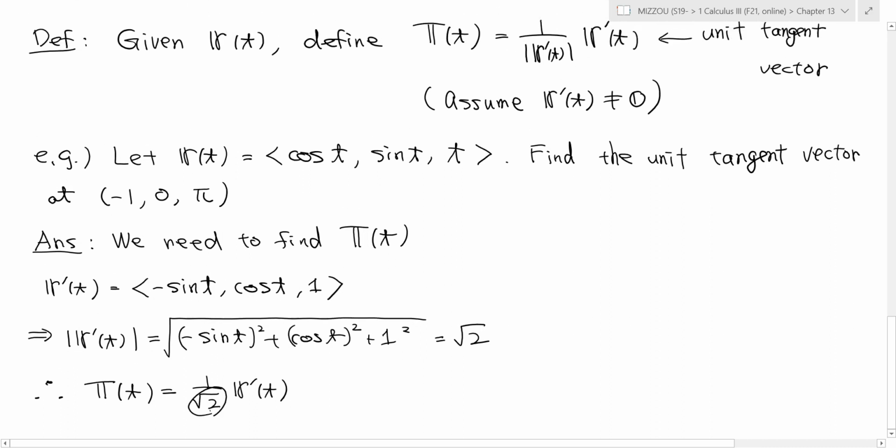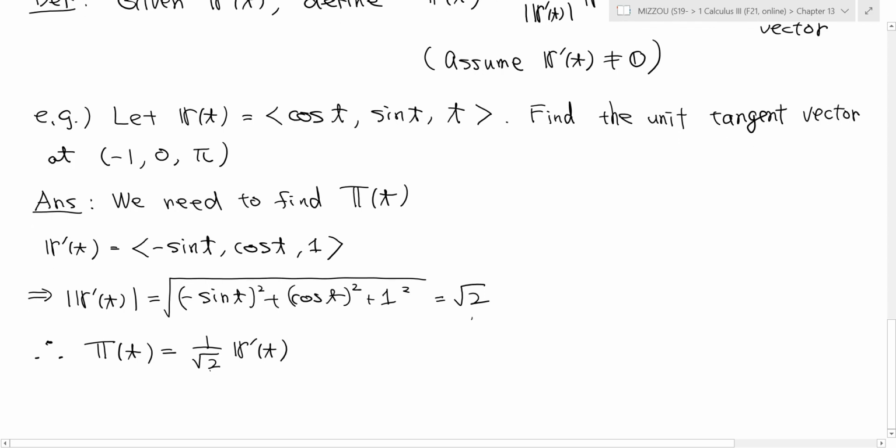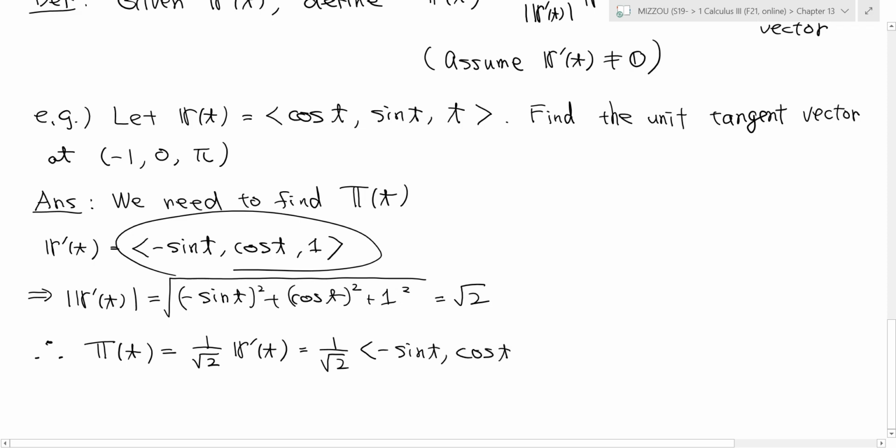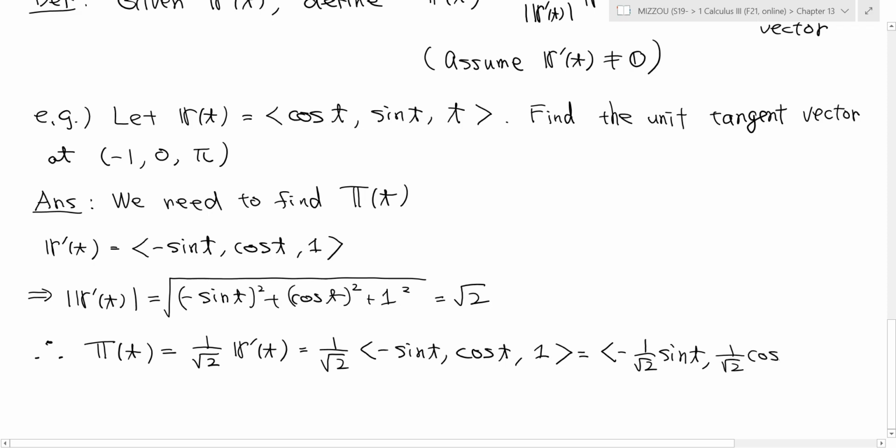And normally, what you see in the denominator is a function of t. But in this case, it just happens to be a constant, root 2. But anyway, that is 1 over root 2 times this, which is minus 1 over root 2 sine t, 1 over root 2 cosine t, and 1 over root 2.